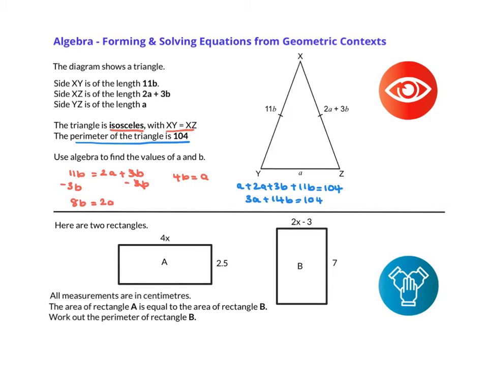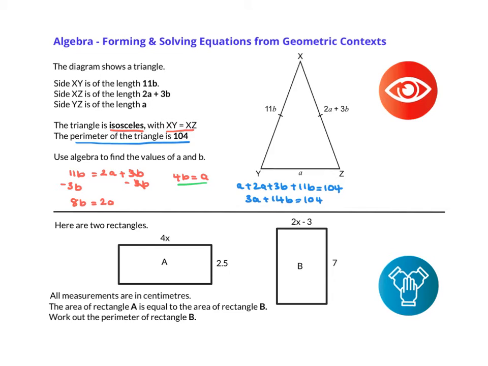Now, I can use this piece of information that I determined earlier to eliminate my a values. Wherever I see an a in this blue equation, I can replace it with a 4b, as earlier we determined that a was equal to 4 lots of b.